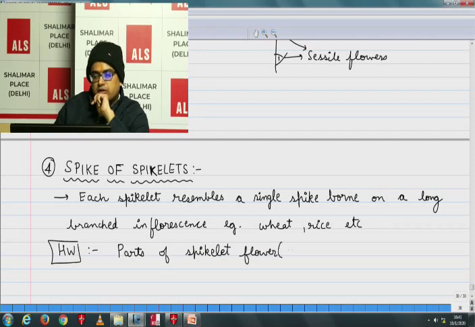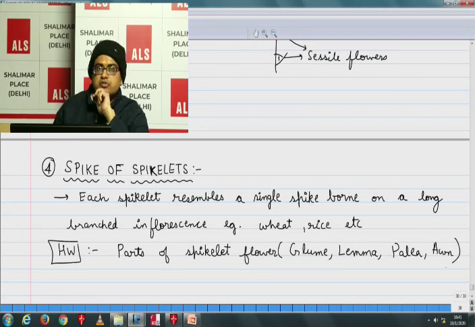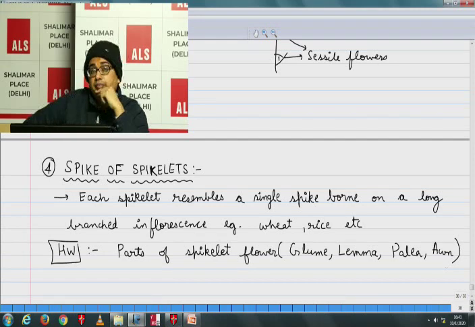Find out about glume, lemma, palea, and so on. These are the 4 terms you have to find out and label them. Okay, so I'm giving you this homework.